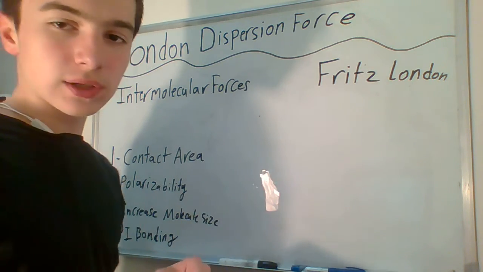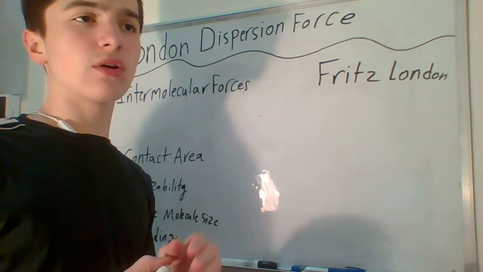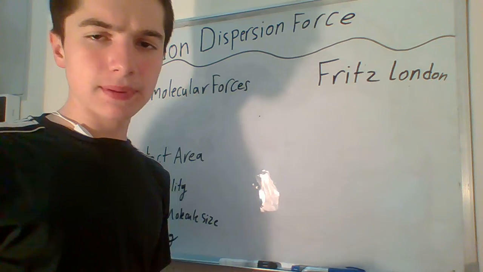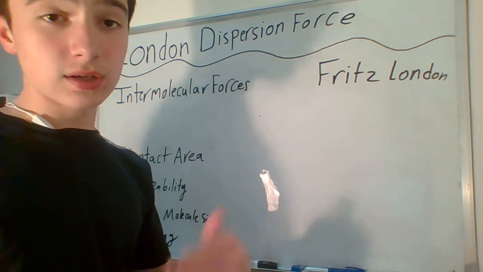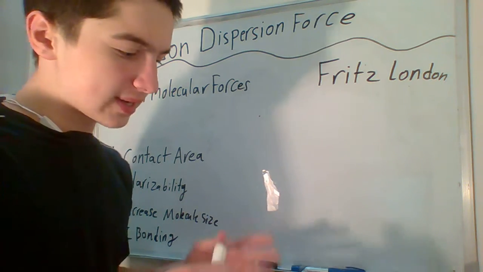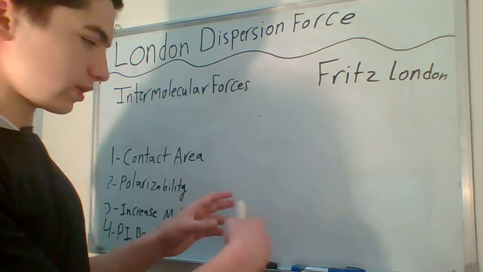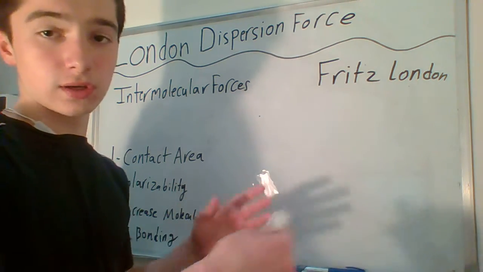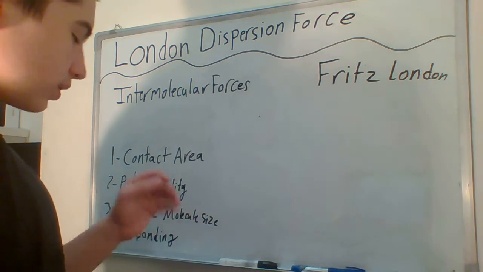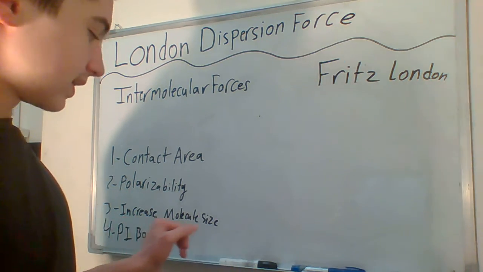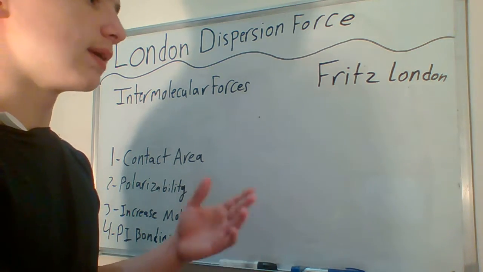Now, what causes polarizability? It is the increase in the number of electrons. When that happens, we also have an increase in molecule size. A larger number of electrons creates that polarizability and also increases the molecule size. So it will be bigger, and the London dispersion force will be greater.